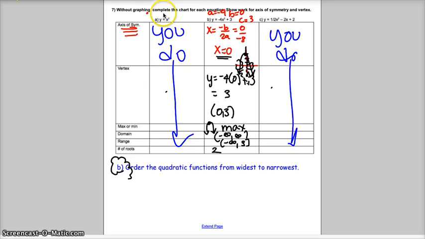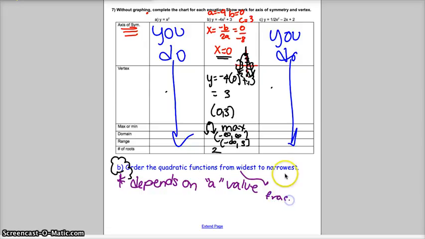Down here, where you're completing the idea of quadratic functions going from the widest to the narrowest, what you're looking at is the A value. So for the widest, you're looking for a fraction.